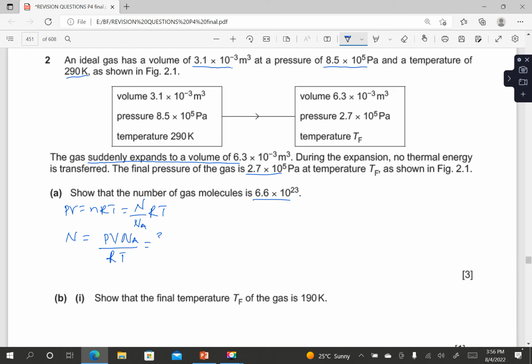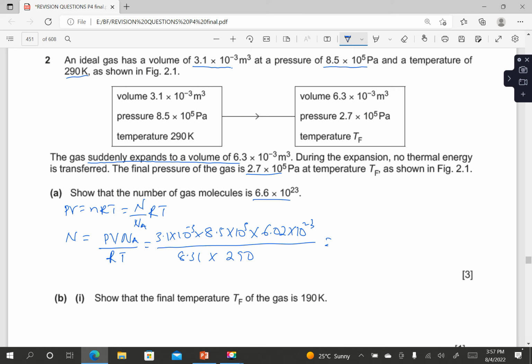Volume is 3.1 times 10 power negative 3. Pressure is 8.5 times 10 power 5 pascals. Avogadro's number is 6.02 times 10 power 23, divided by R, which is 8.31, times T, which is 290.